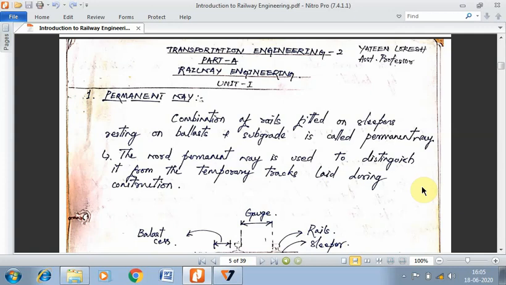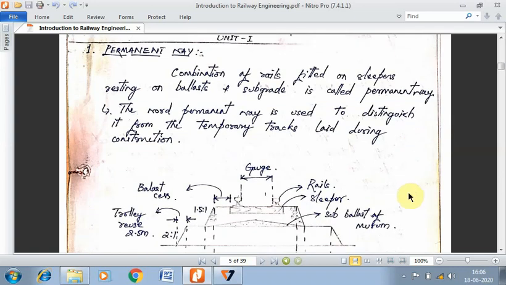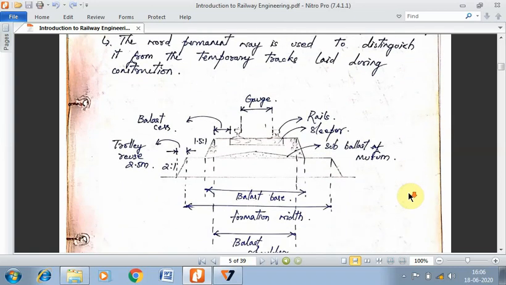And once the construction of the permanent way is done, the temporary way would be removed and dismantled. So that is the difference between a temporary way and a permanent way. The definition of permanent way is very important for you to remember.